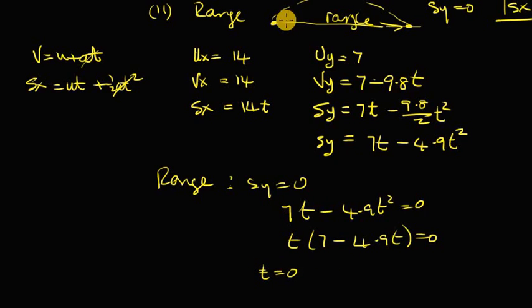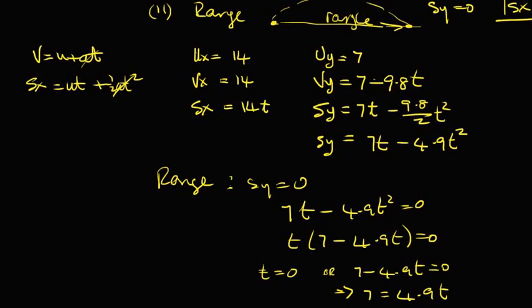When time is equal to 0, the displacement is 0, that makes sense. And it's also equal to 0 when 7 minus 4.9t is equal to 0, which implies 7 is equal to 4.9t, bringing this across to the other side, and that implies that t is equal to 7 divided by 4.9 seconds. Leave it as a fraction.